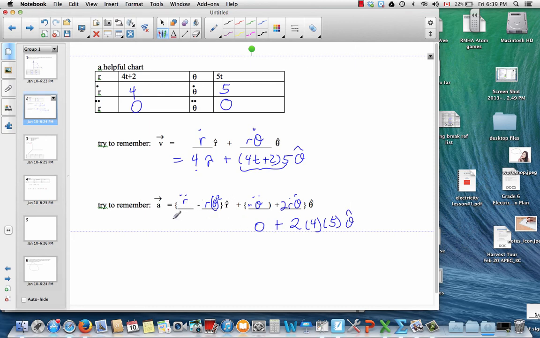Now in the radial direction, r double dot is 0, but we certainly have a term here, r theta dot squared. Theta dot's 5, so theta dot squared is 25. So this is also time dependent. It's in the negative r hat direction, which will be inwards, and then this is 40 in the angular direction.